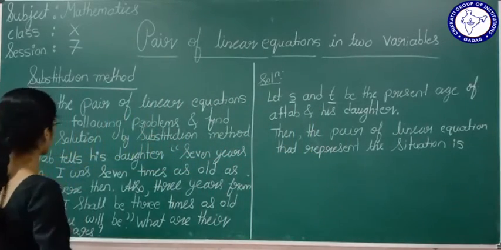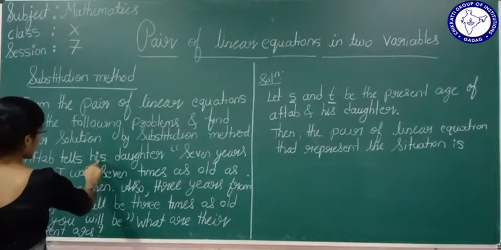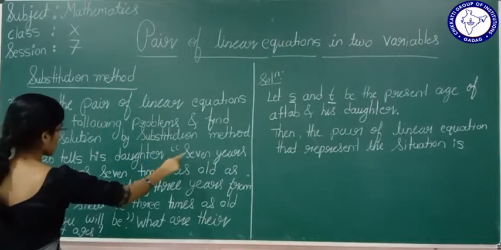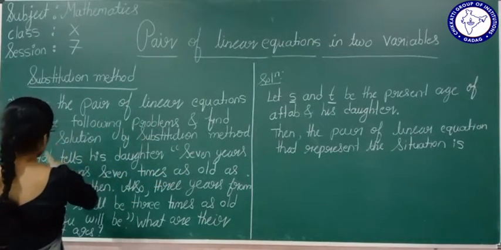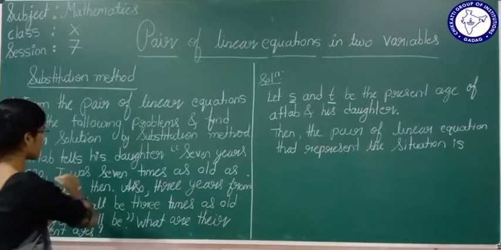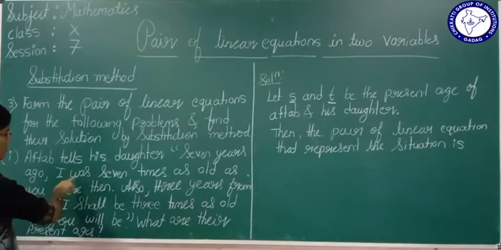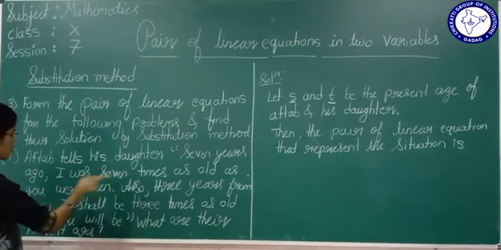Now see, Aftab tells his daughter, "7 years ago I was 7 times as old as you."